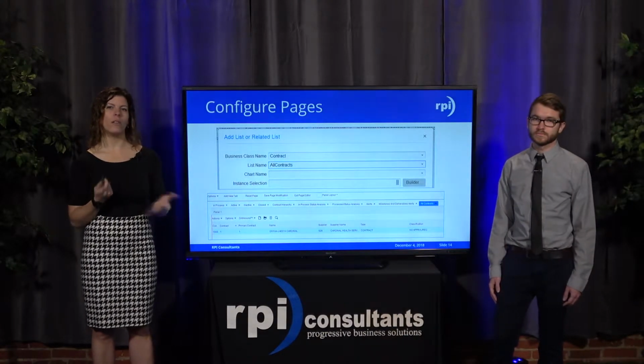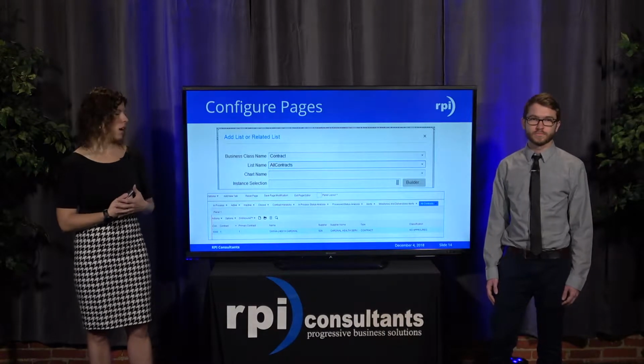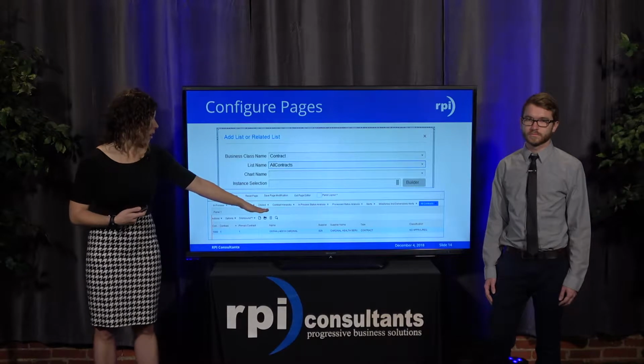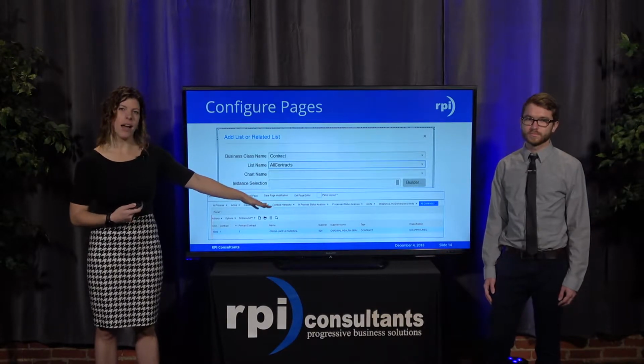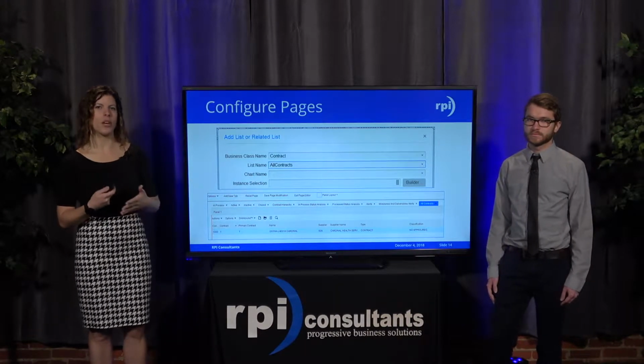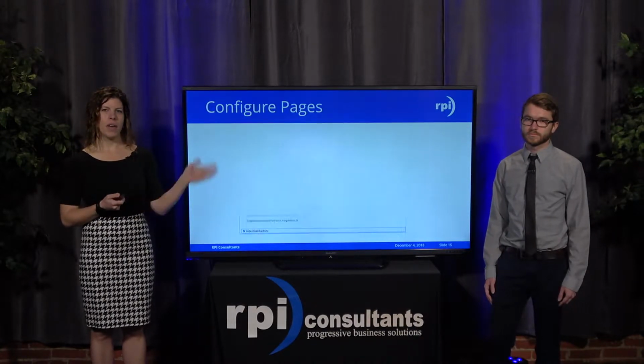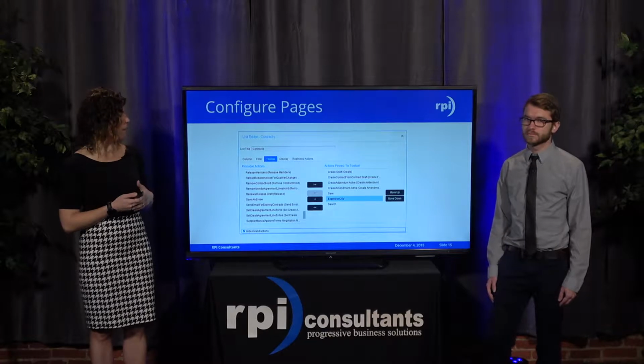Which isn't really helpful or what we're looking for in our system. We actually want this to be moved in between closed and contract hierarchy, because that's where the processor is going to want to see it. To make this change, we're going to go into a different screen.